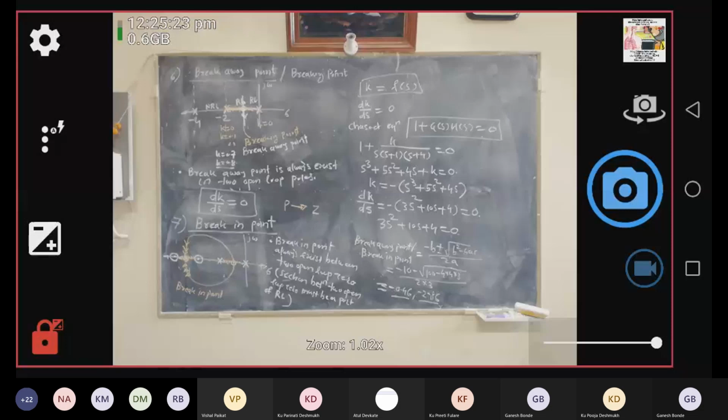Summation of phi p is the combination or the contribution by the angles made by the remaining open loop poles at which the phi d is to be calculated.